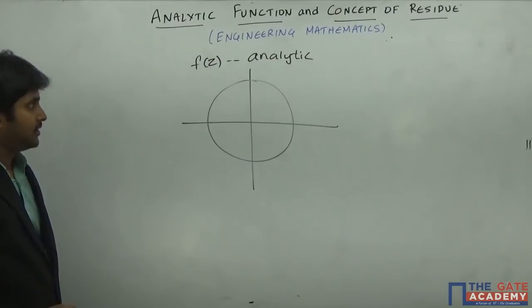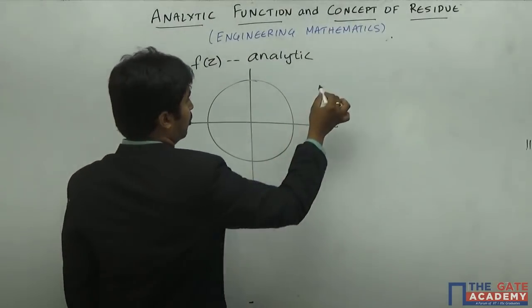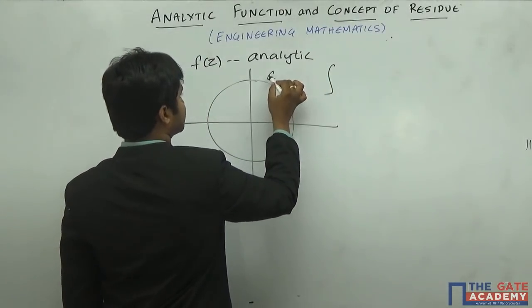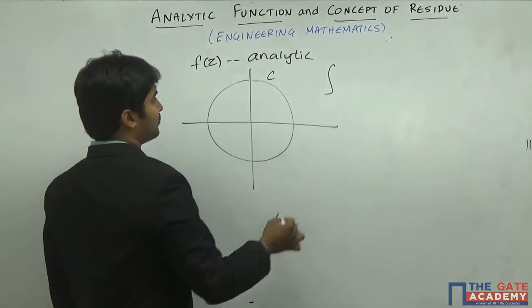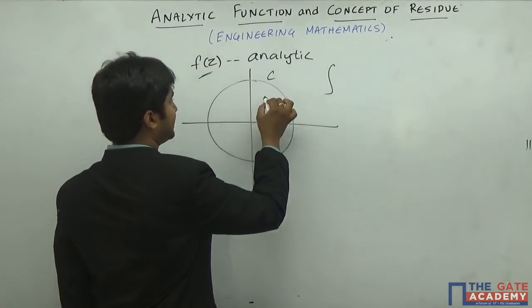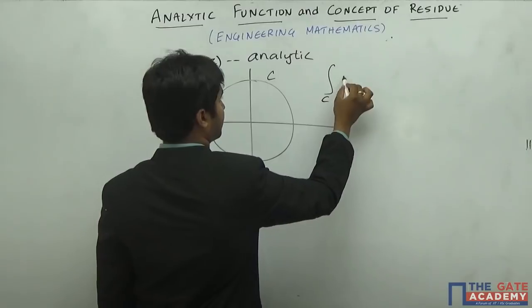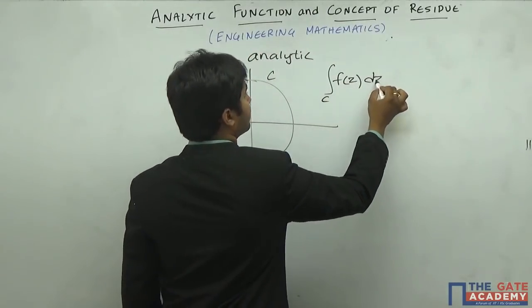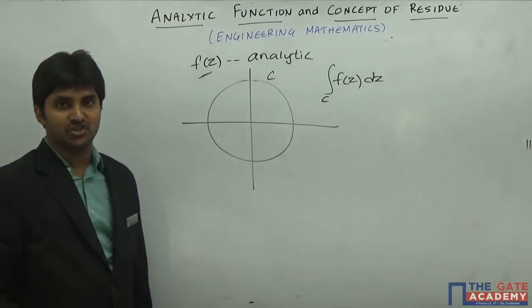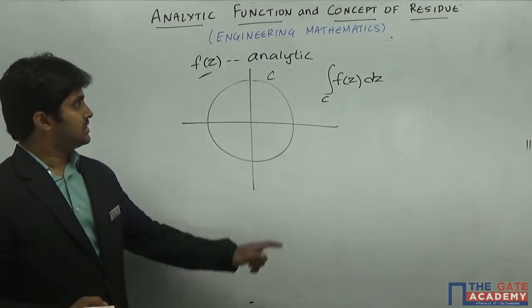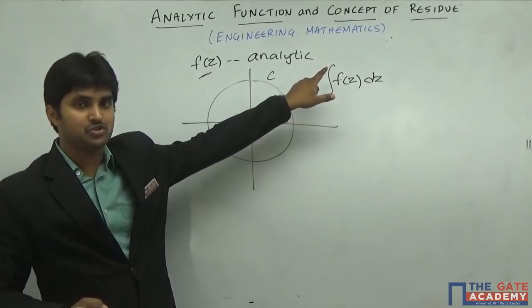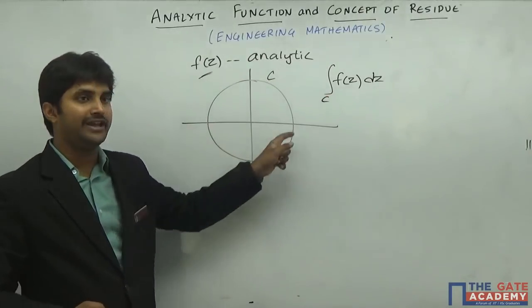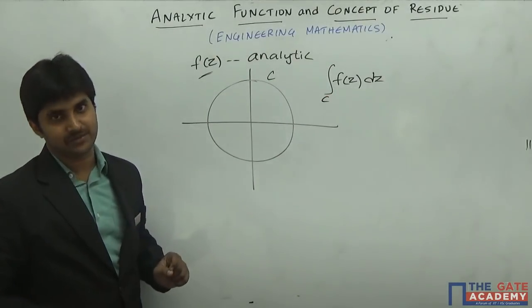Now, if you want to integrate, if this particular circle is the contour that we are considering, so if you want to integrate the function f of z in this contour, if the function is analytic in nature, do you know the value of the integration here? What are we doing? Considering an analytic function which is going to be analytic at each and every point inside and on the contour that we are considering, C.